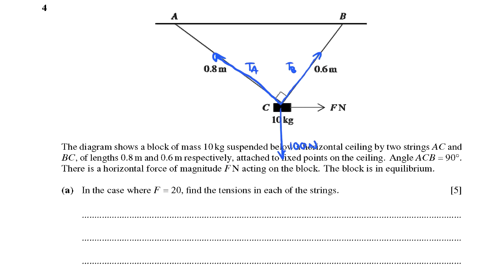But the block is in equilibrium, and that tells us that all of these forces are going to add to 0. It also tells us that all the horizontal components will add to 0, and all the vertical components will add to 0. Okay, we're going to need horizontal and vertical components. And how do we do that? Well, we take tension B and we break it into a horizontal, and we'll break it into a vertical.